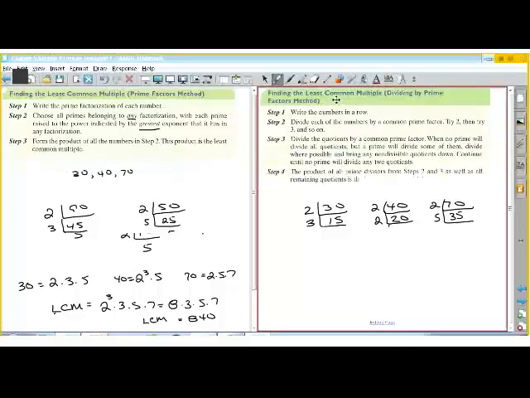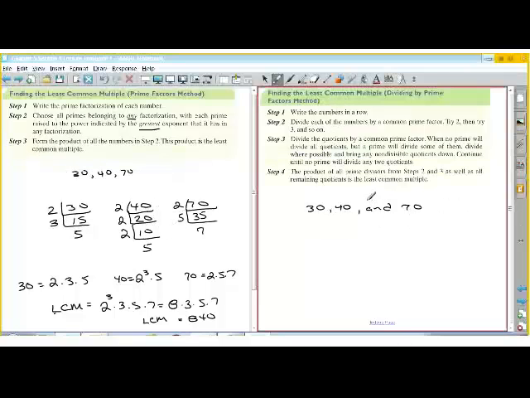The other method is the dividing by prime factors method, which is like we did with greatest common factor. We're going to do all 3 at one time, but what you're going to do here is you're going to not just multiply.